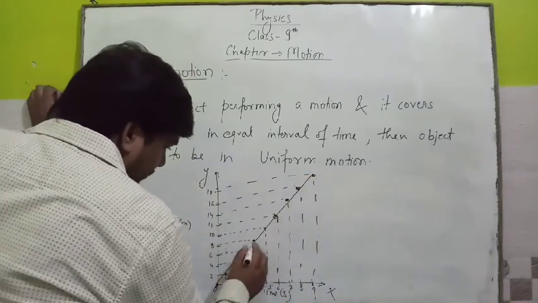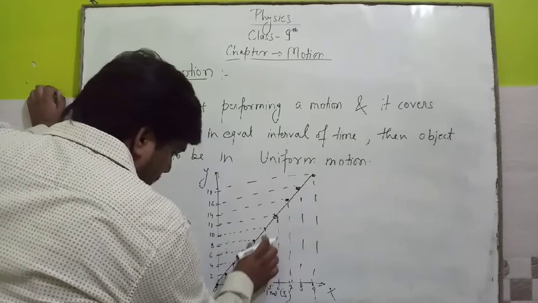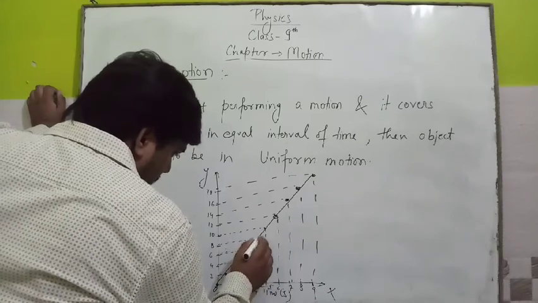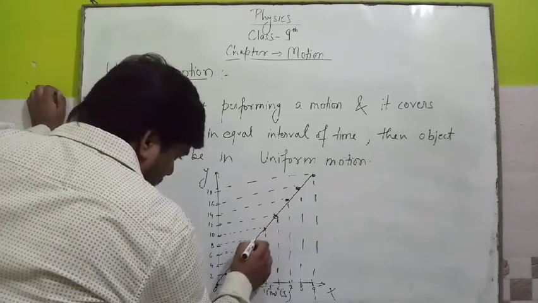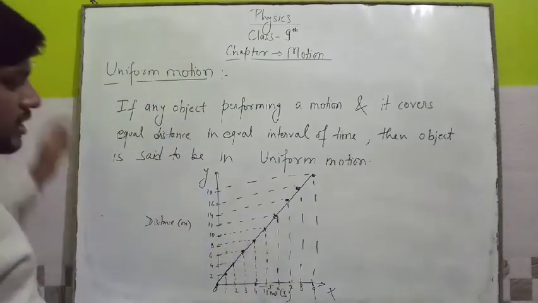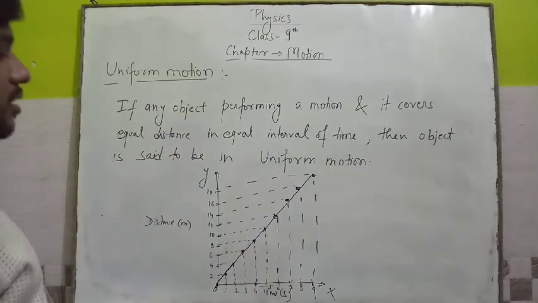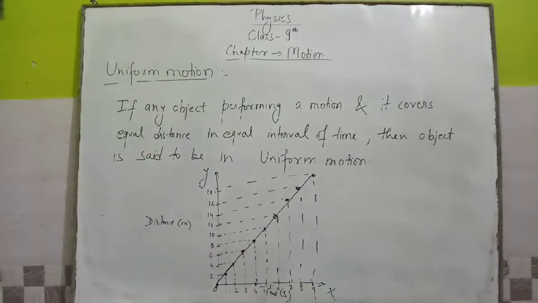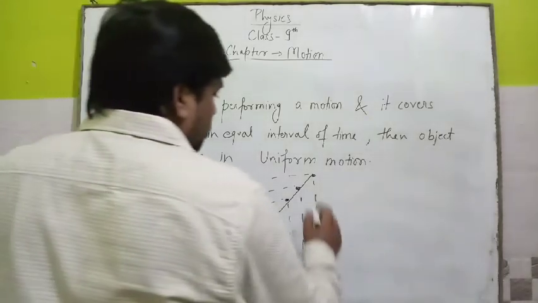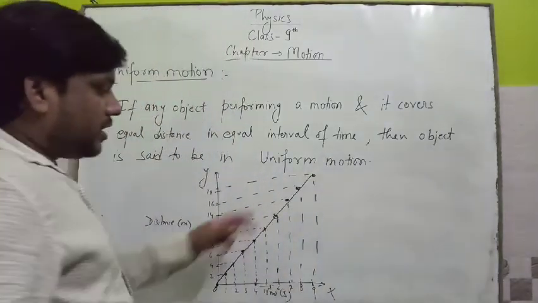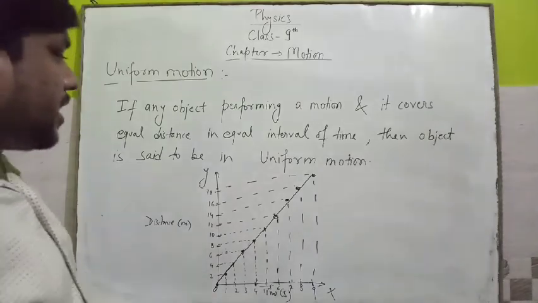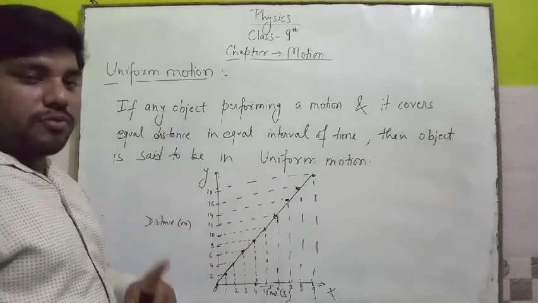Now you can make a line connecting these points and you can see that this line is a straight line. This slope shows that the object is performing uniform motion.